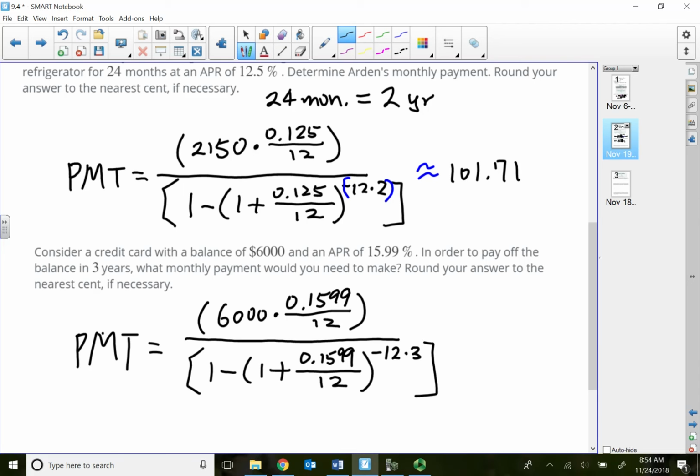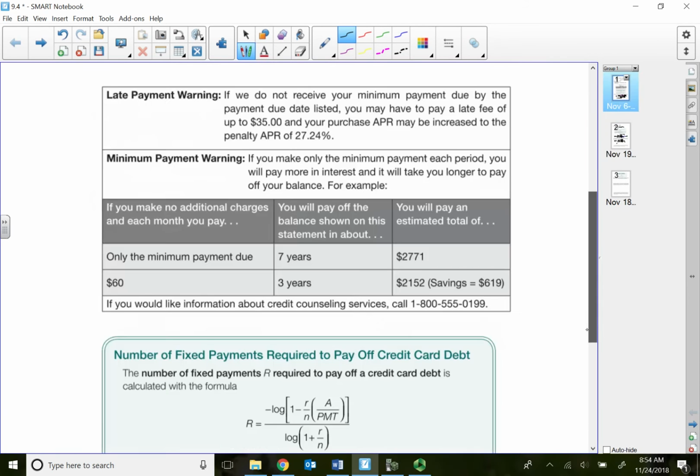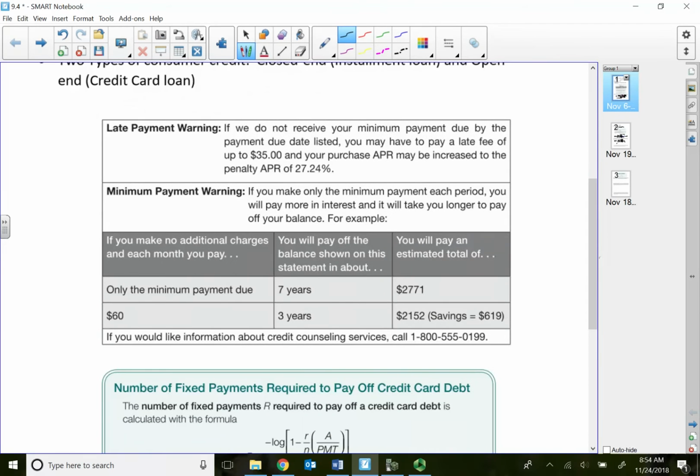Alrighty. So of course, as you can see on the credit card statement, there is an extra line that the government requires credit card companies to put in, saying, if you make no additional charges and each month you pay $60, you can pay it off in a certain time.